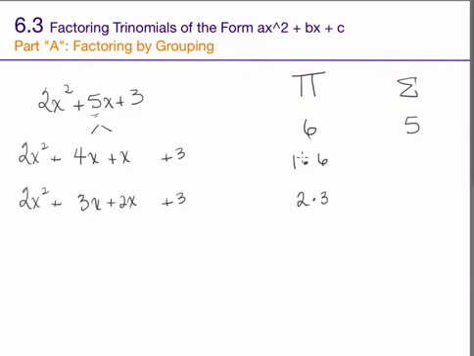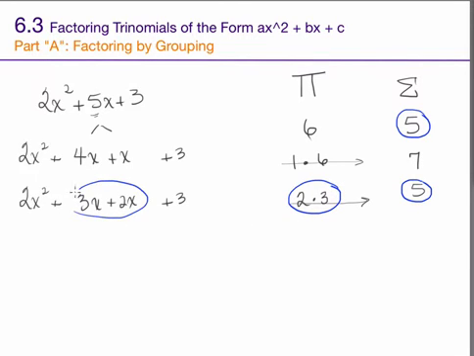Now I'm going to take these numbers and add them. 1 plus 6 is 7. 2 plus 3 is 5. This number matches this number. So these are the two numbers that I need to use for my middle two terms. Not these ones. There isn't even a 1 and a 4 over here. That just won't work. Not for factoring. So this is the version of this problem I need to continue with.